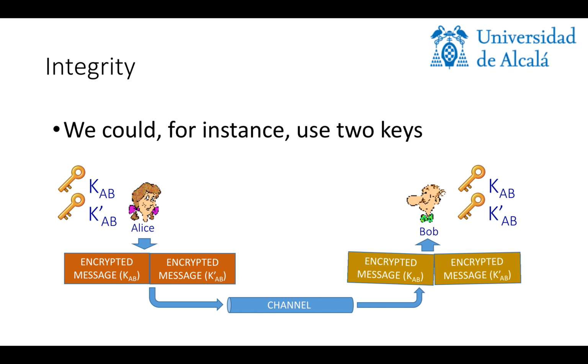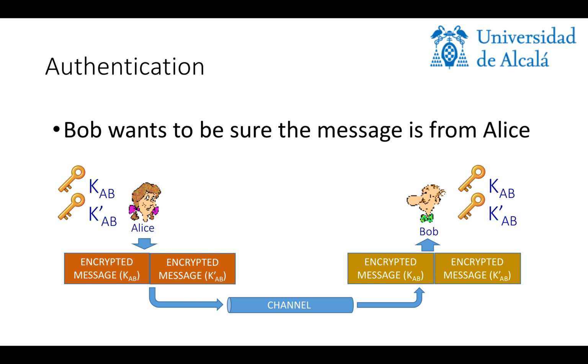Now we go for authentication. In authentication, Bob wants to be sure that the message is from Alice. The interesting thing here is that the previous construction, the one we were using for integrity, also provides authentication.